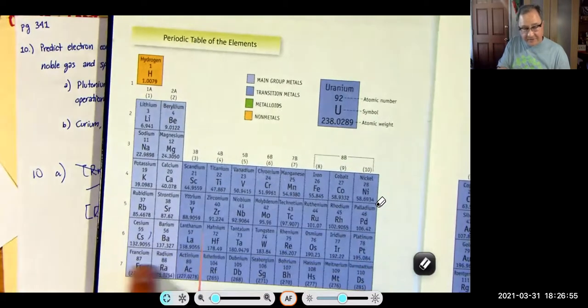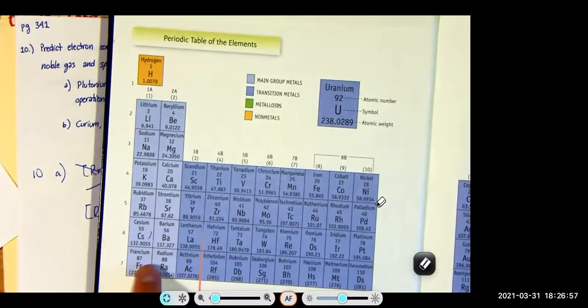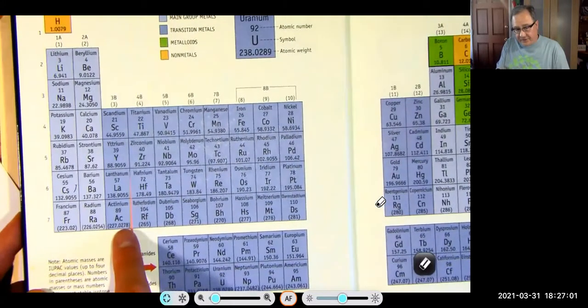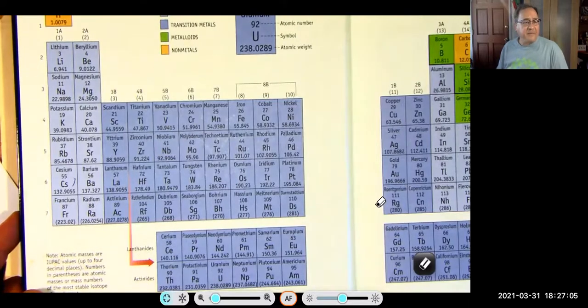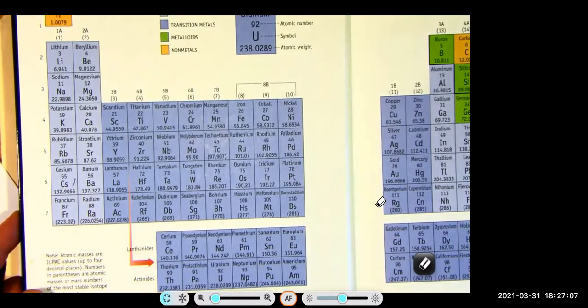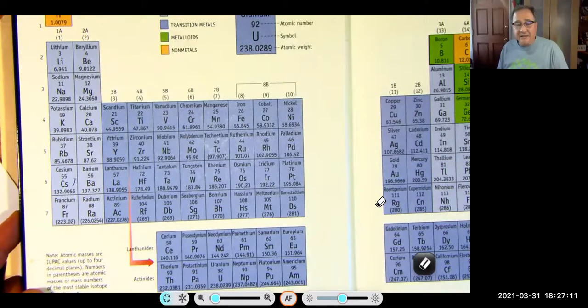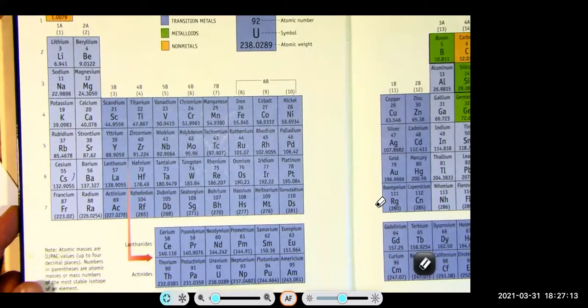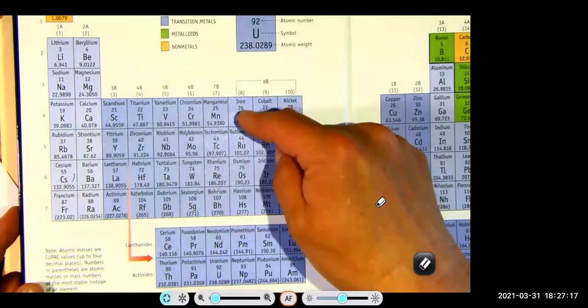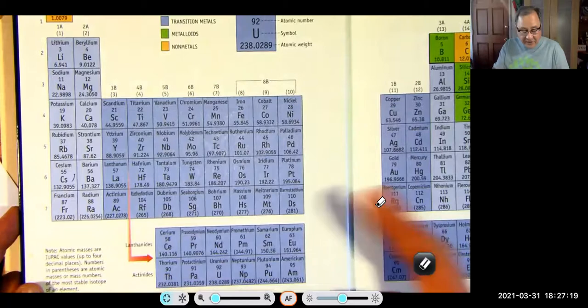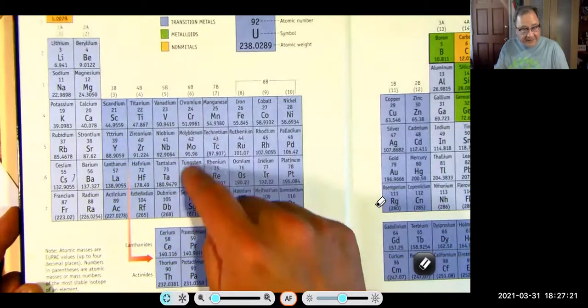That's how you know it's 7, the 7th period. How do you know what this one is? Actinium. What's actinium? 6D. How do you know it's 6D? Because it comes before Rutherfordium. Actually, I would say 3D, 4D, 5D, 6D.